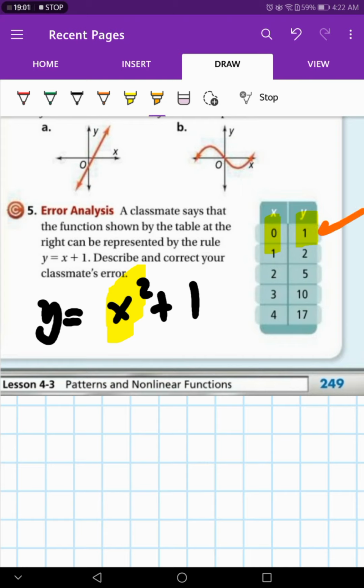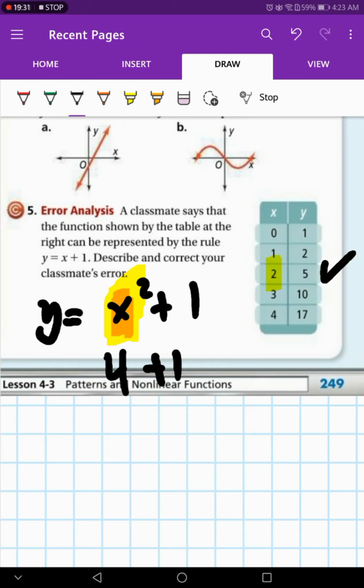Now put the 1 instead of the x, 1 square equals 1 multiply 1, which equals 1, plus 1 equals 2, and this is correct also. Now put the 2 instead of the x, which will be 2 square, and 2 square equals 2 multiply 2, which equals 4. 4 plus 1 equals 5.